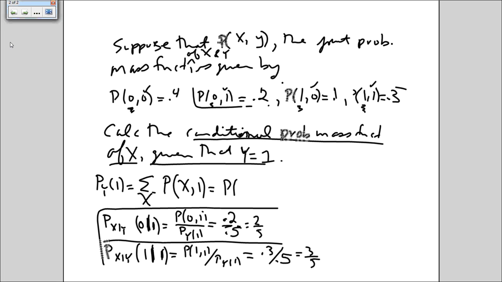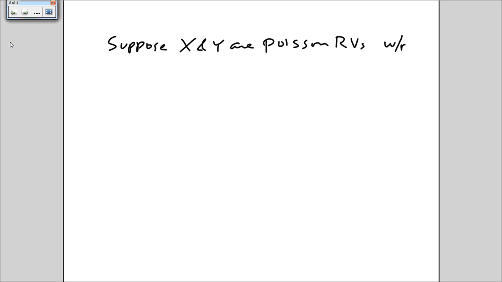Okay, let's try another problem. Suppose x and y are independent Poisson random variables with parameters lambda 1 and lambda 2.